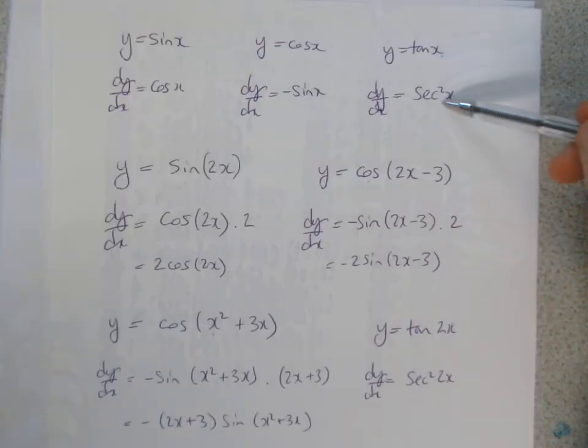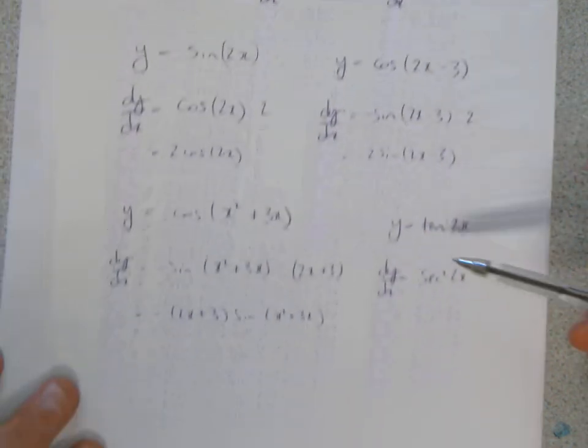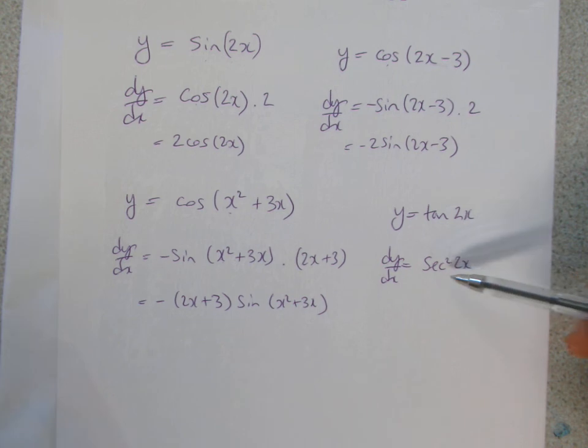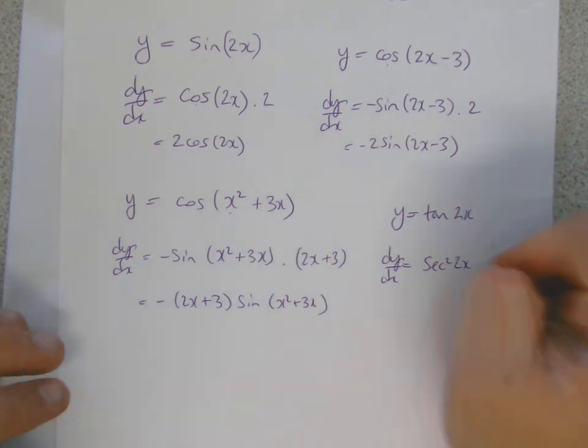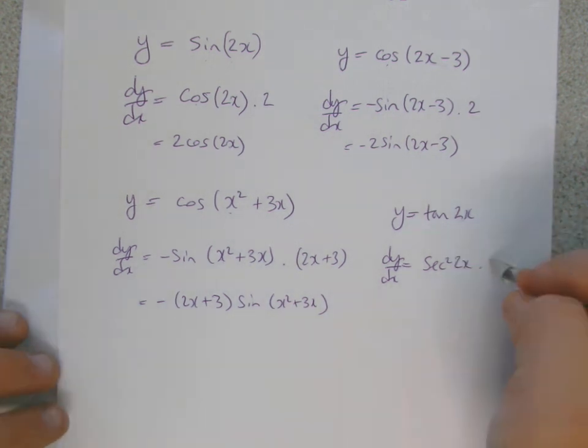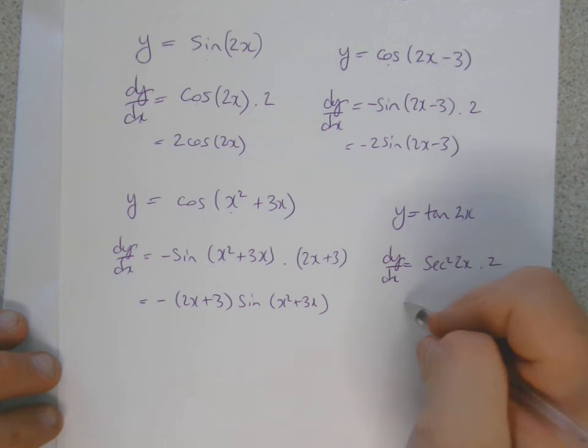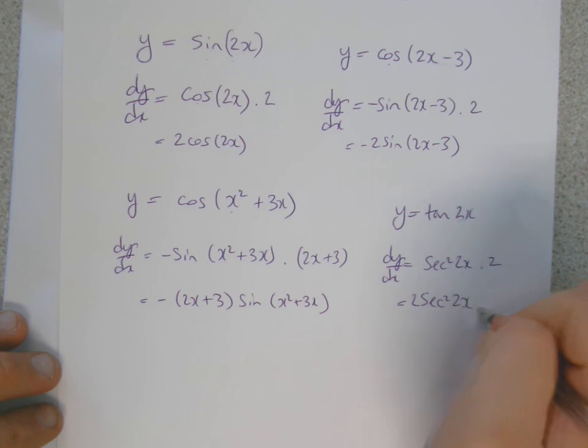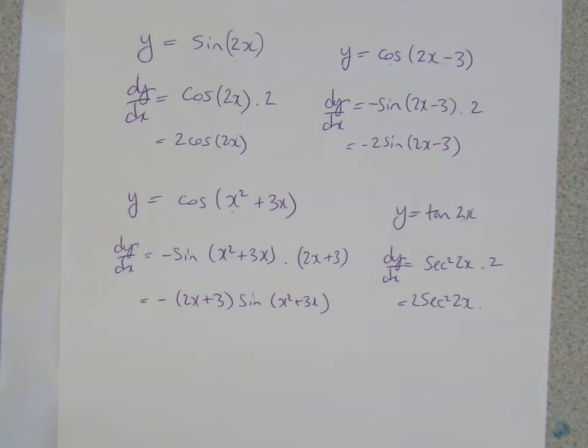If it's tan x, it becomes sec squared x. If it's tan 2x, it becomes sec squared 2x. But then you've got to times it by the derivative of the inside, which is 2. So you get 2 sec squared 2x. Something to think about there.